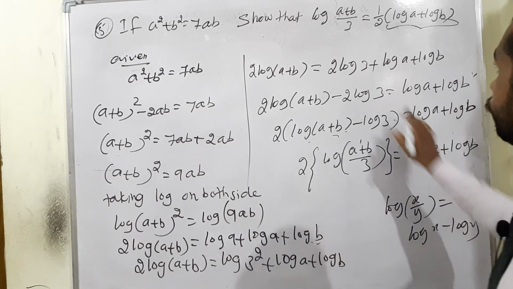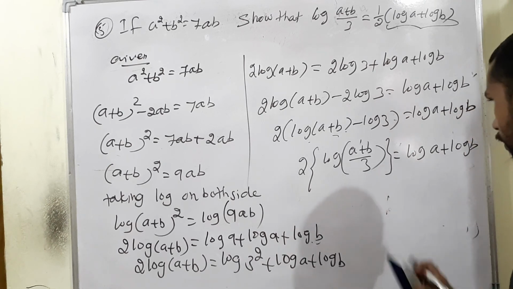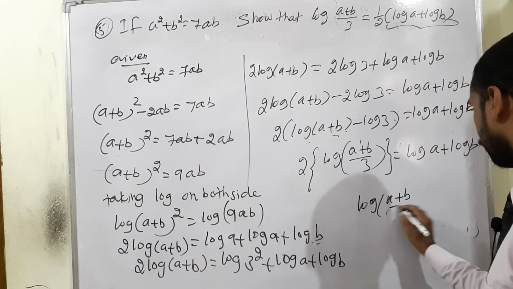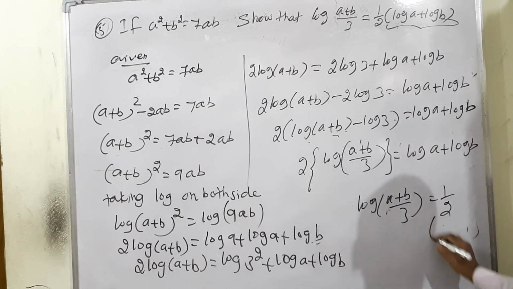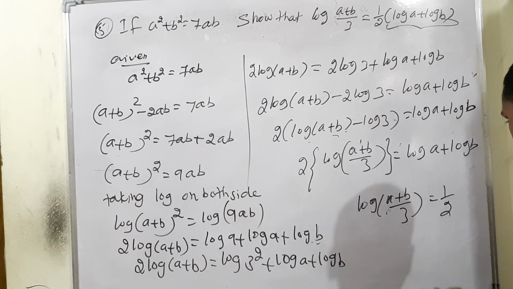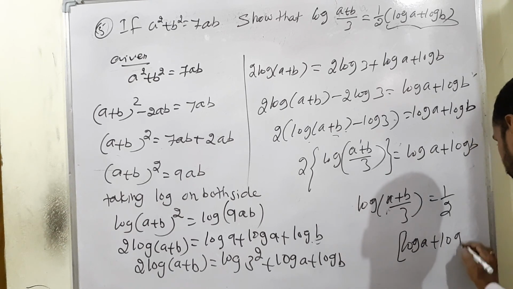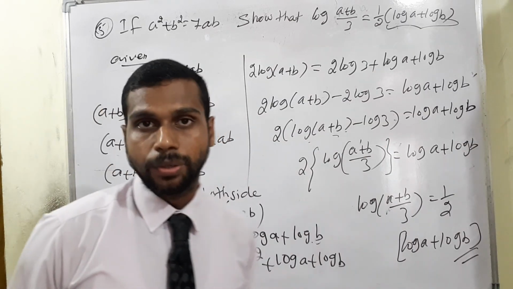What we have to prove: log of (a plus b) by 3. The 2 brought to the opposite side means 1 by 2 into the bracket of log a plus log b. This is our proof, no? Okay. So question number 5 is over. I will continue with the next question.